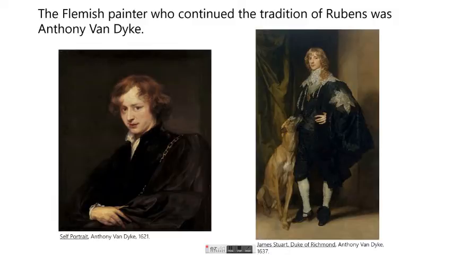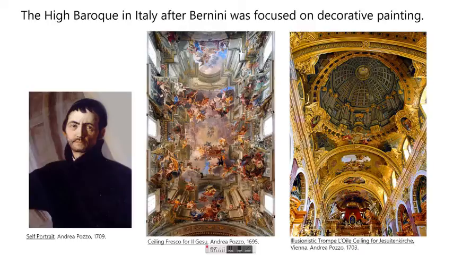Many of these are monumental size portraits, but they're still commission-based portrait paintings, and very gorgeous. Another thing also is that Van Dyck spent a lot of the end of his career in England, so spreading the influence of the Baroque further outward.